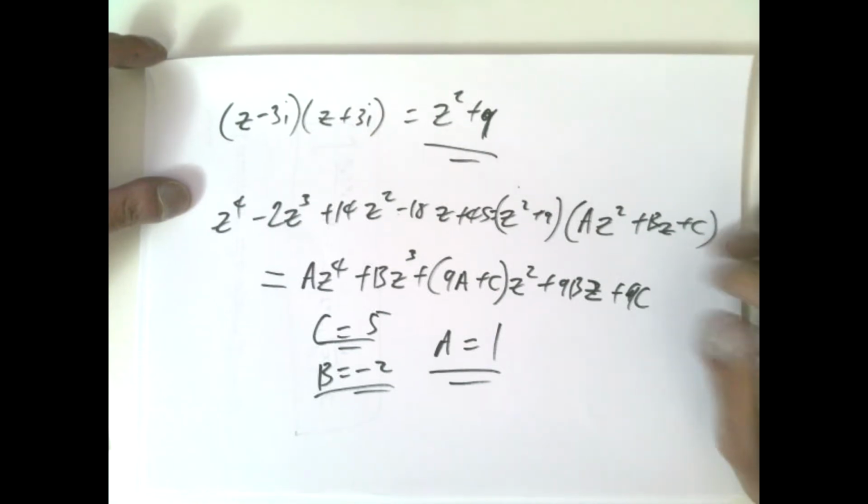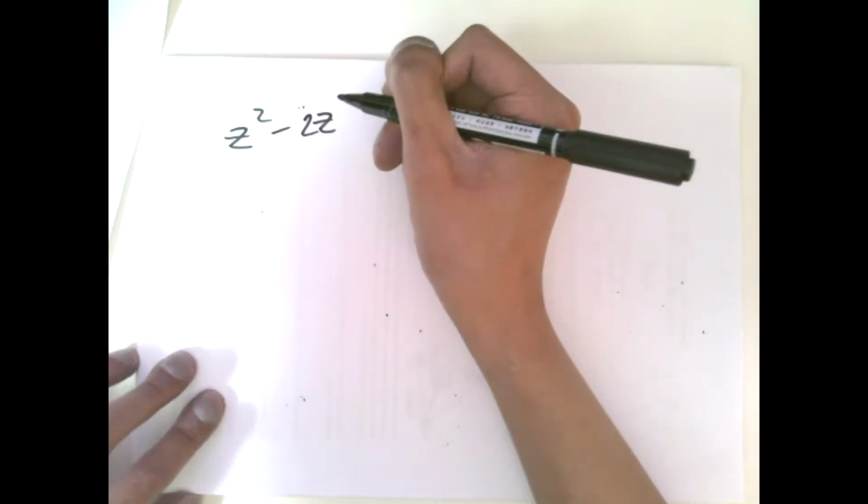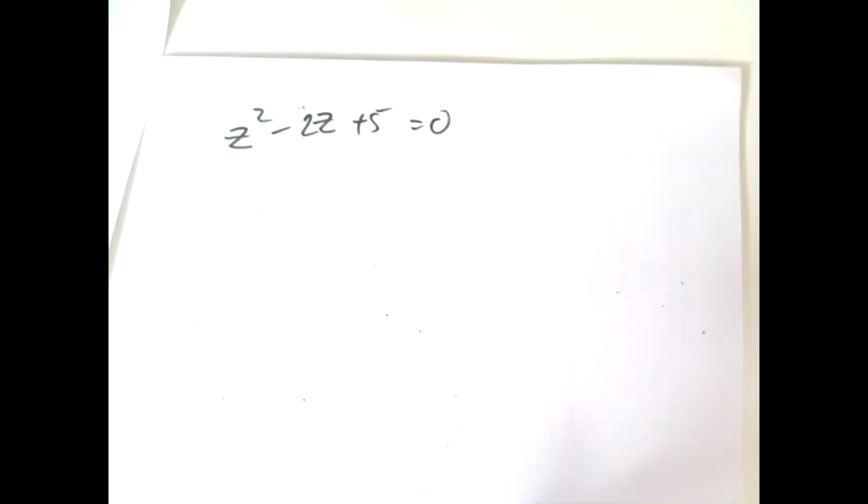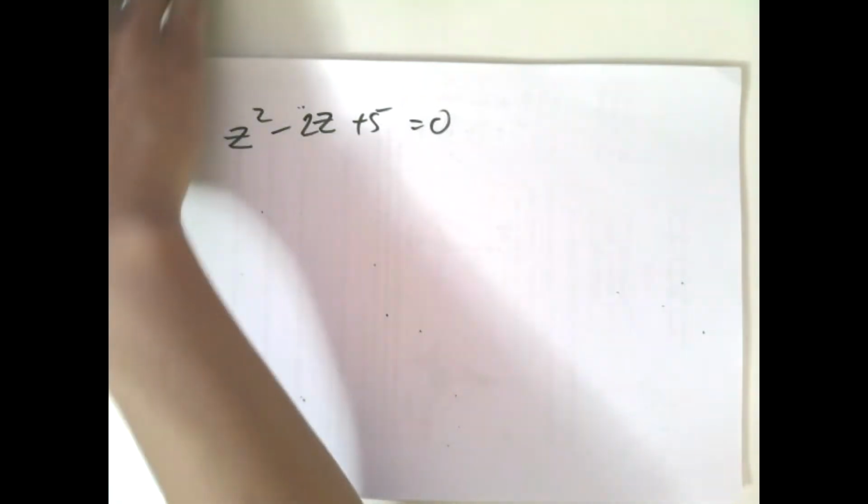Giving our attention to this second quadratic factor, this second quadratic factor must indeed be 0 because we want to solve for the original quadratic to be 0.